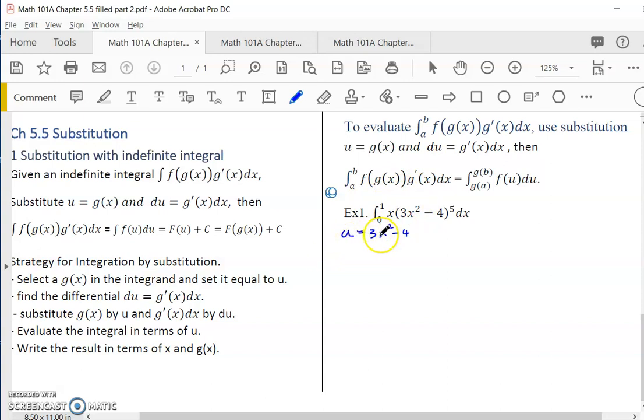So we say u equals 3x squared minus 4. Then the differential du equals 6x dx. So we have x dx, so we don't have the 6. We just divide both sides by 6. So I have x dx here, and this will be replaced. And then we need to replace the 1 and 0. So u of 1, plug in here, 3 minus 4 equals negative 1.